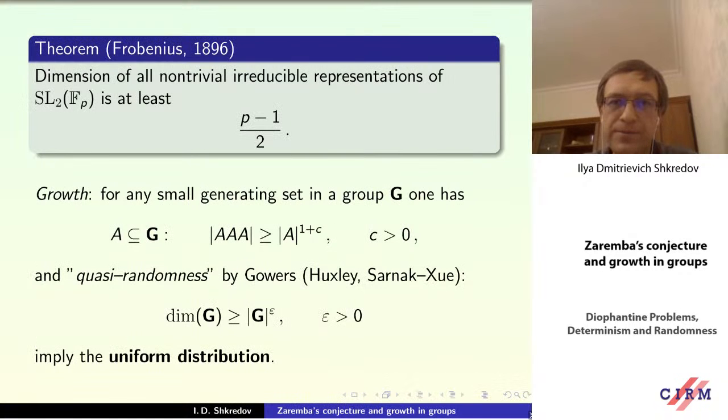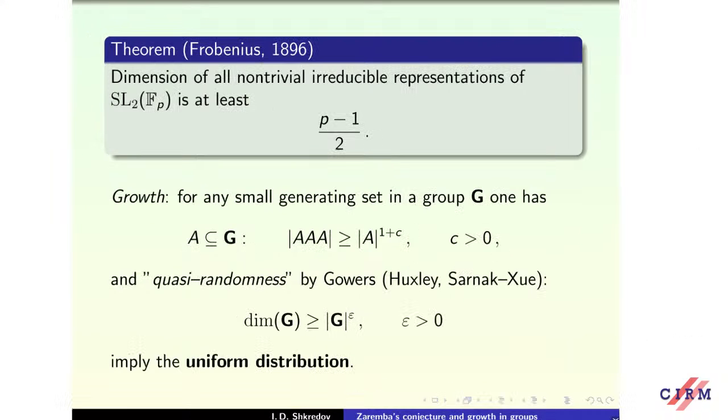They used one more tool here. They used the fact that the dimension of all nontrivial irreducible unitary representations of SL2 of Fp is at least p minus 1 over 2. It's a famous result of Frobenius.